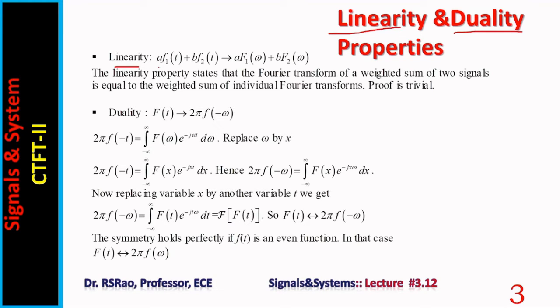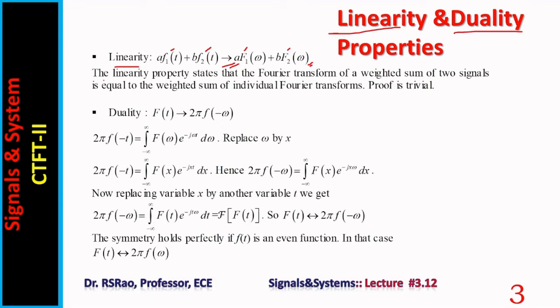Mathematically, it can be stated as Fourier transform of a f1 of t plus b f2 of t is a F1 of omega plus b F2 of omega. Here F1 of omega is the Fourier transform of f1 of t, F2 of omega is the Fourier transform of f2 of t.